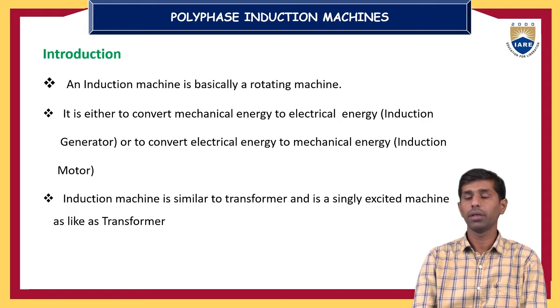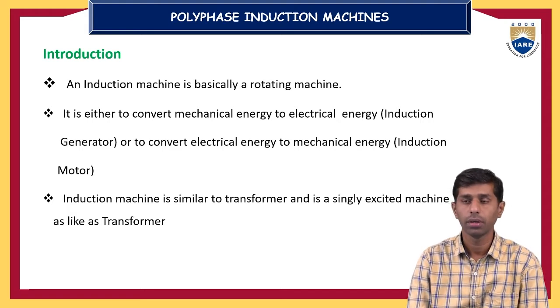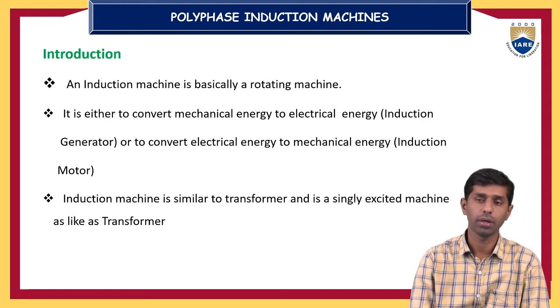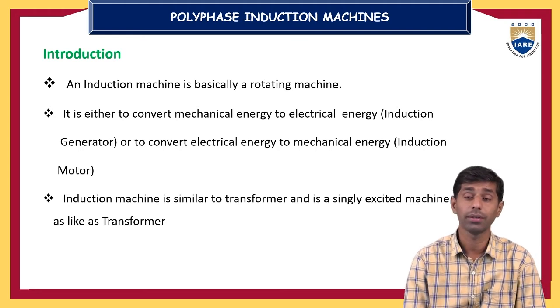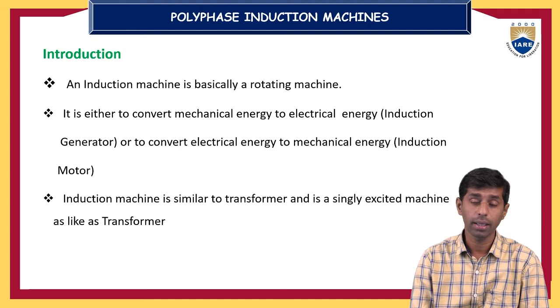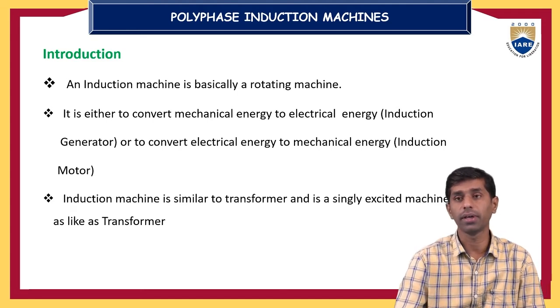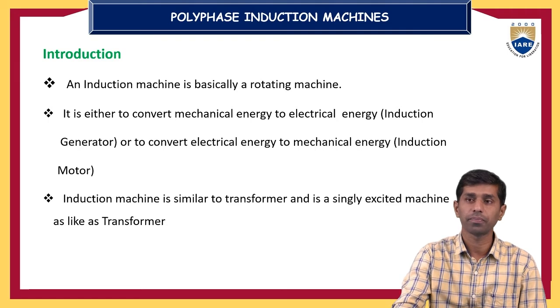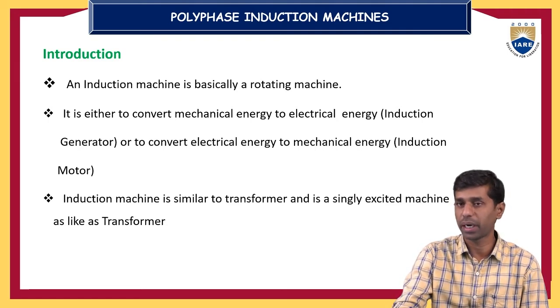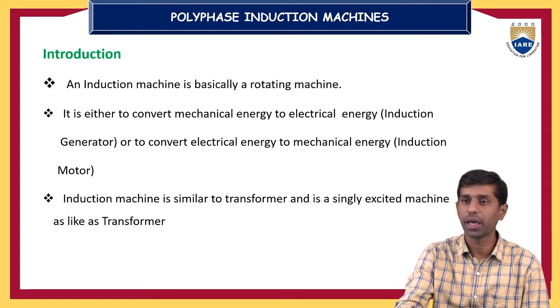If the speed of the rotor is greater than the synchronous speed of the rotating magnetic field, then the machine will act like an induction generator. If the speed of the rotor is less than the synchronous speed of the revolving magnetic field, the machine will act like an induction motor.